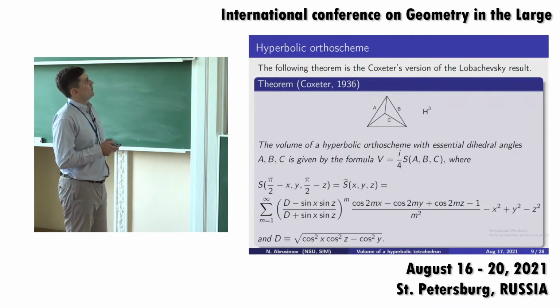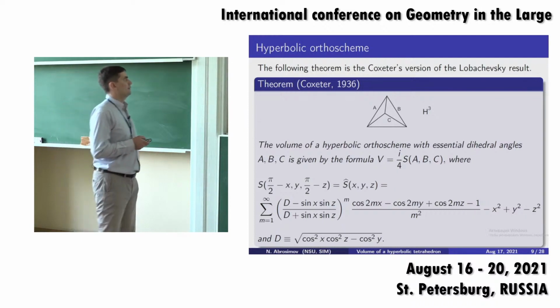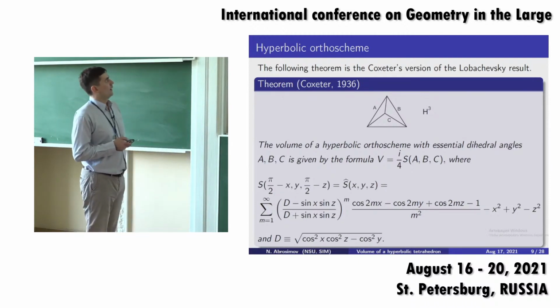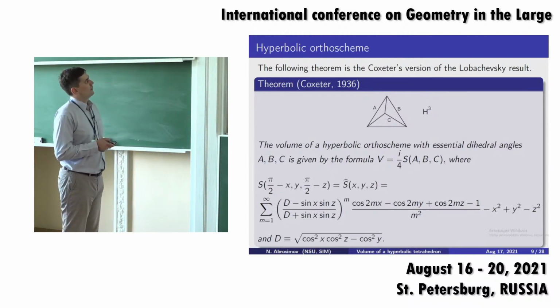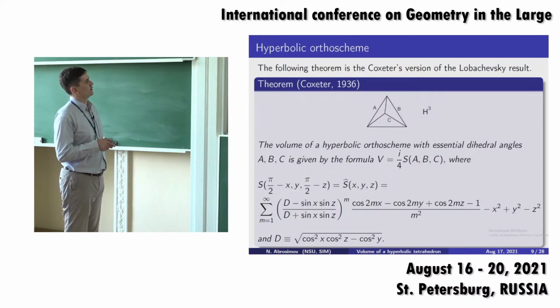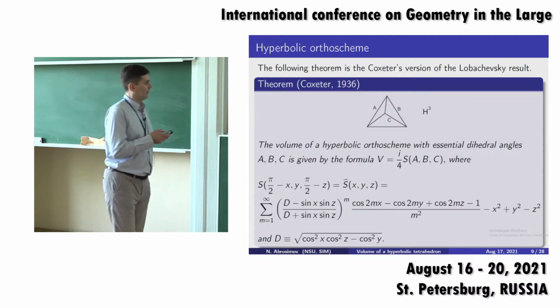So we consider a hyperbolic tetrahedron with 3 so-called essential dihedral angles A, B, and C, and the remaining dihedral angles are supposed to be pi over 2. Then its volume is expressed by this formula. Here S is the so-called Schläfli function defined below.